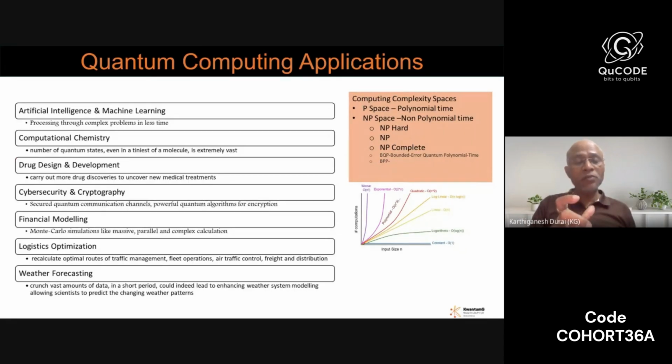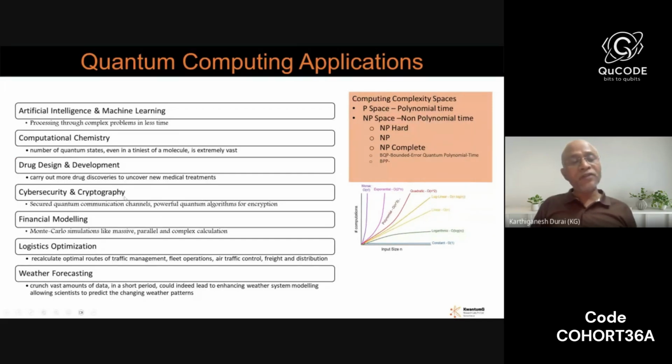But a quantum computer, with a different mathematical model, can find the factors of a very large integer in polynomial time as per Shor's algorithm. Like this, there are many problems. One is AI/ML, for example, principal component analysis. In computational chemistry, finding the energy levels of molecules, and then drug design and development like protein folding, protein prediction, drug behavior, drug treatment, all those drug discovery things.